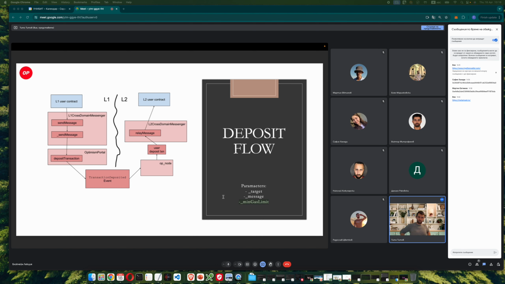You should put the right parameter here, otherwise the transaction can fail. Of course, beside these parameters, there are also the default pieces which are in an Ethereum transaction, which is a to address, the value, the amount that I'm going to deposit, and some other default parameters.